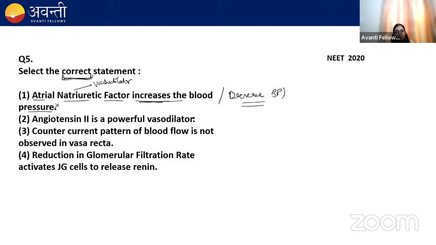Angiotensin II is a powerful vasodilator. No, it is a vasoconstrictor. It will narrow the lumen of the vessel and increase the blood pressure. Third says counter current pattern of blood flow is not observed in vasa recta. No, it is observed.